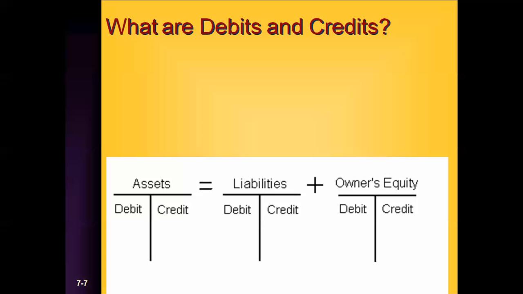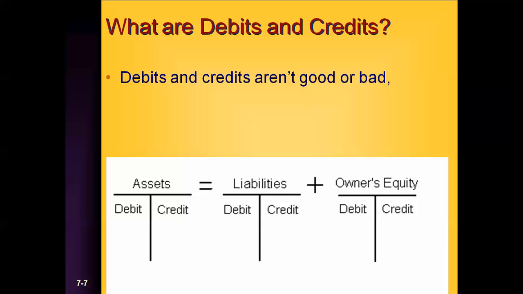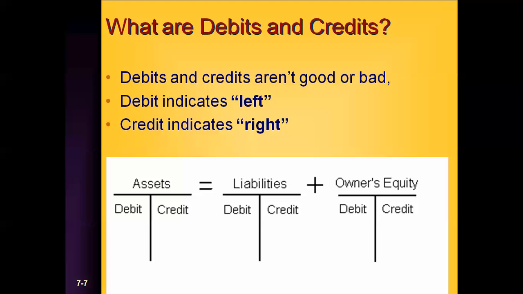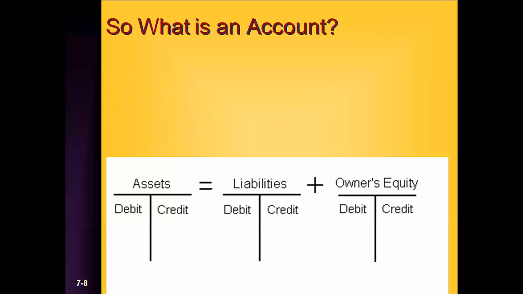So keep that in mind, and make sure you've got these visuals in your notes. Again, credits aren't good or bad. Debits are on the left, credits are on the right.